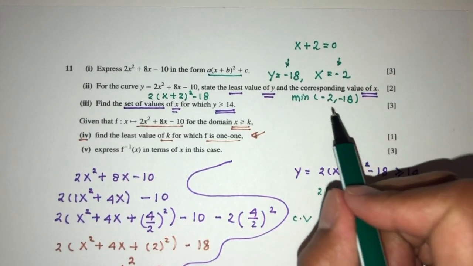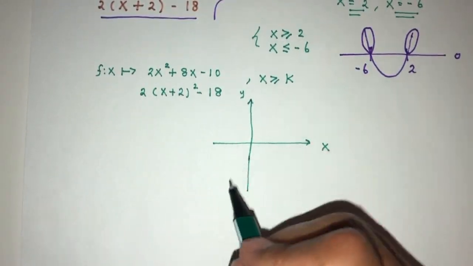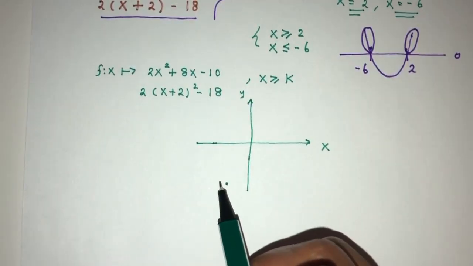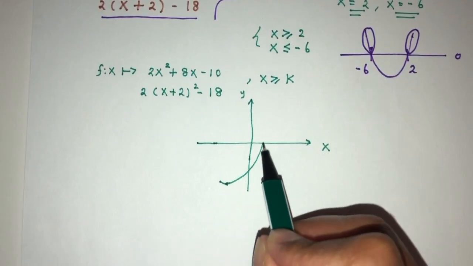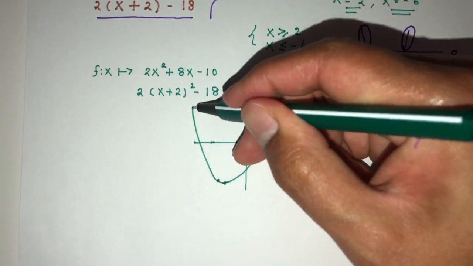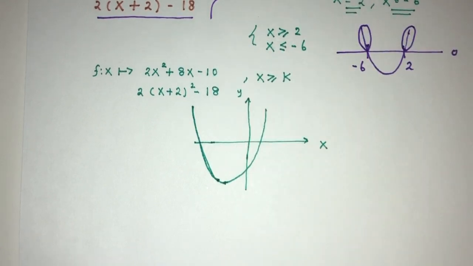The minimum point will be right here, minus 2, minus 18. Let's say it will be somewhere over here. That's the minimum point. So usually the graph will look something like this. It will go up here, and it is going to go up here. That makes sense. That's the usual shape of the graph. It's not perfect, but you get the idea.